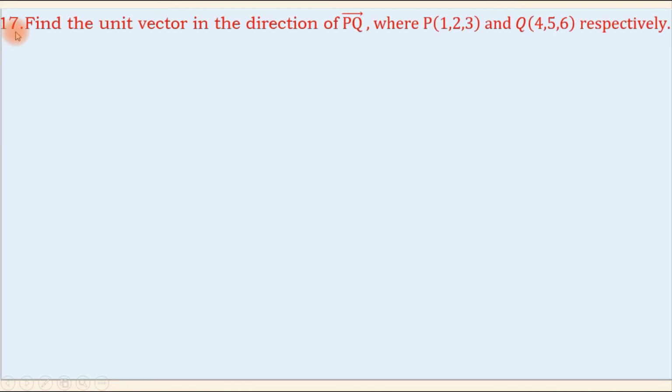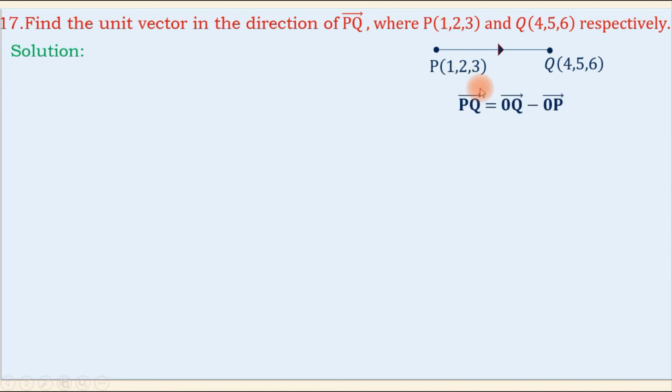Next, problem number 17. Find the unit vector in the direction of PQ vector where point P is 1, 2, 3 and point Q is 4, 5, 6 respectively. Now take PQ vector directed from P to Q. So we know that PQ vector can be taken as OQ vector minus OP vector.